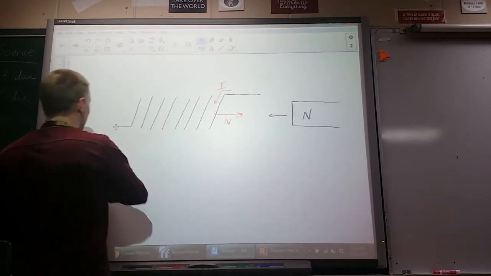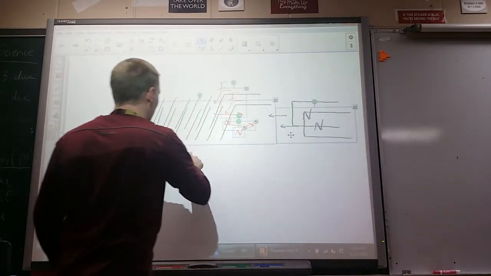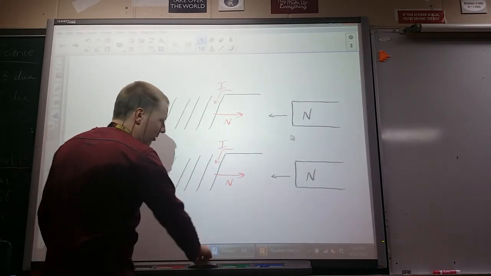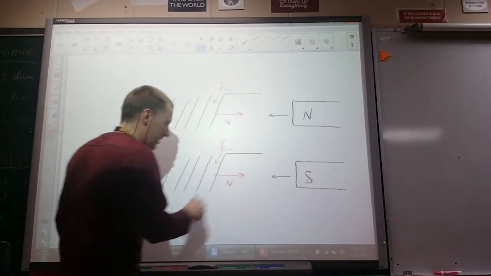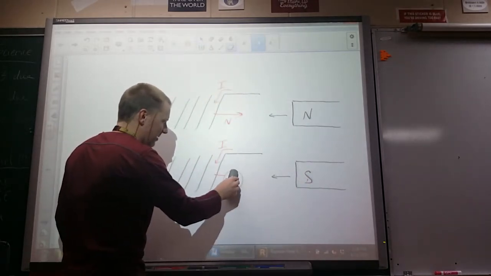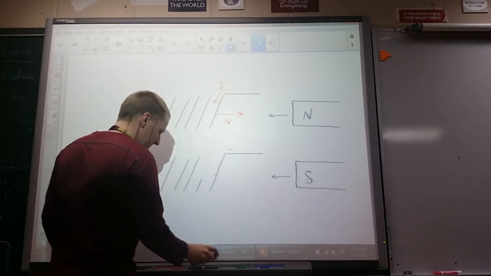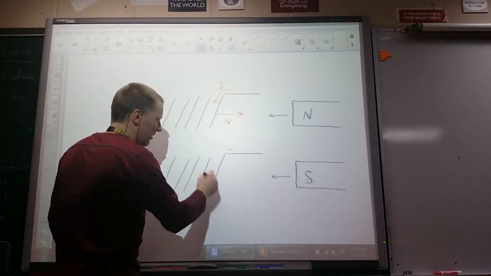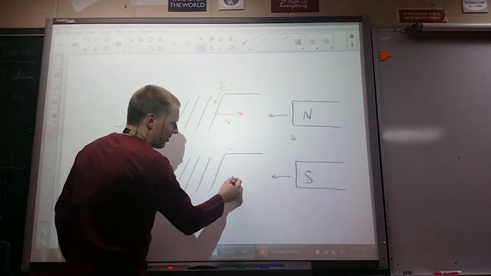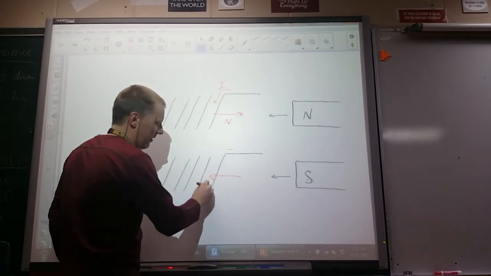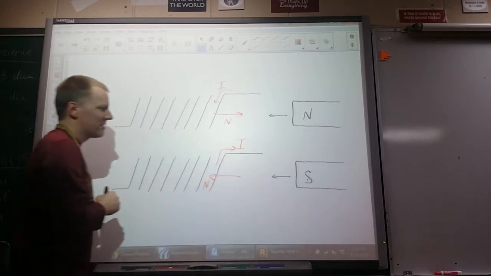Furthermore, if I do the same thing but now move a south pole towards it, I get the exact opposite reaction. I get a south pole facing this, so the magnetic field is actually reversed, and the current is reversed.